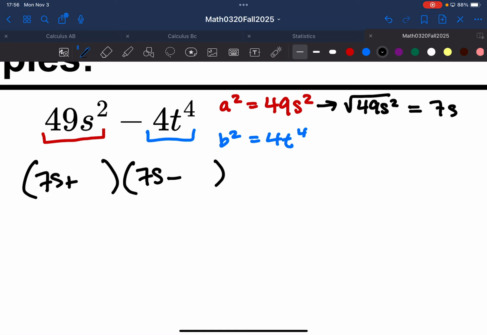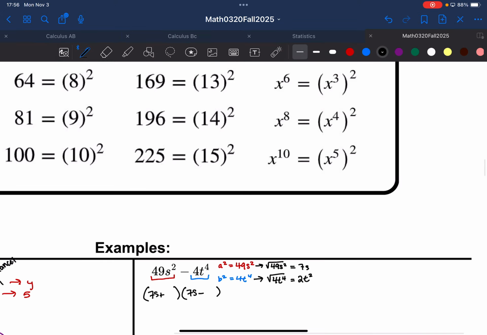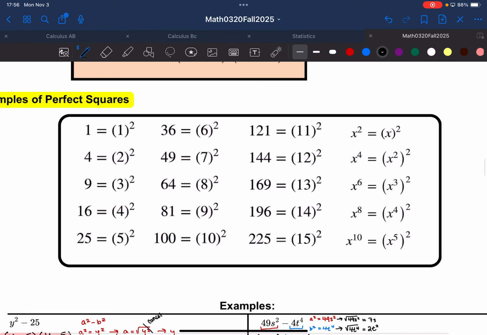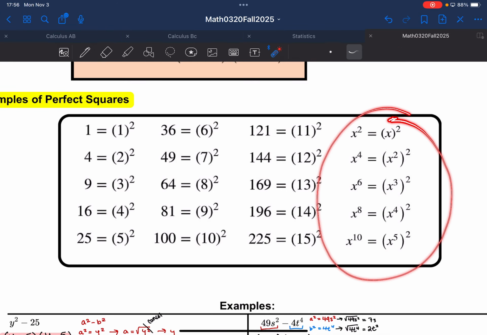Then I do the same for b squared. In order to find b, I take the square root of 4t to the fourth, which gives me 2t squared. And again, I know this is going to be t squared or s based off of this table up here. Remember, you have your notebook during the exam, so if you're not sure where they're coming from, just find it on here.